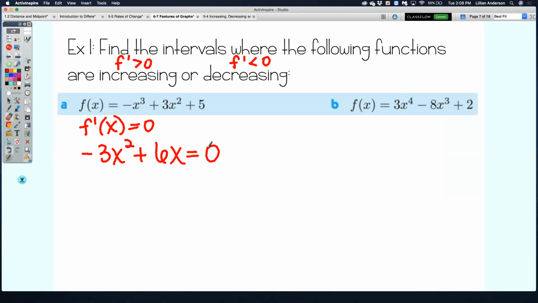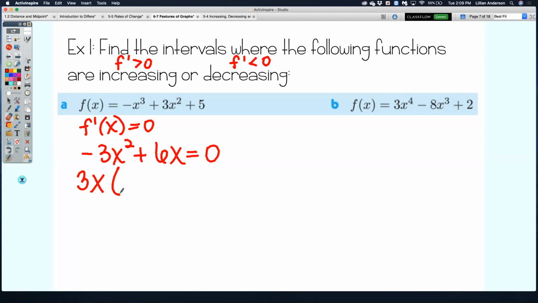All of these are not calculator problems today. No need to have a calculator. So how do I solve this algebraically? I could do the quadratic formula, but I don't have that type of time. Or you could factor. I can factor. How do I start? I can take out an x. Anything else? A 3. Okay.